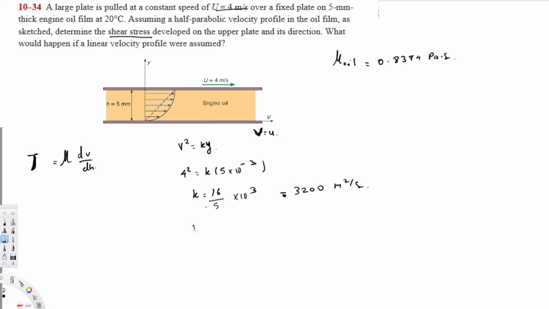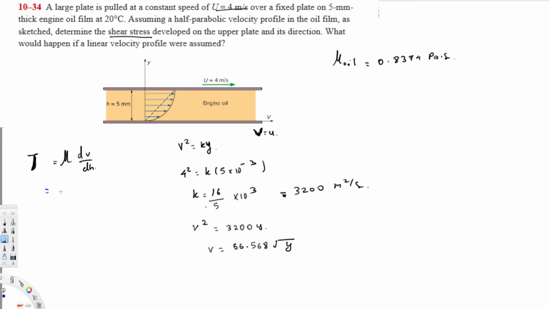To find the parabolic velocity, we use the same equation, v squared is equal to 3,200 y. Therefore v is going to be equal to 56.568 square root of y, right? So this is the expression we have for the parabolic profile.